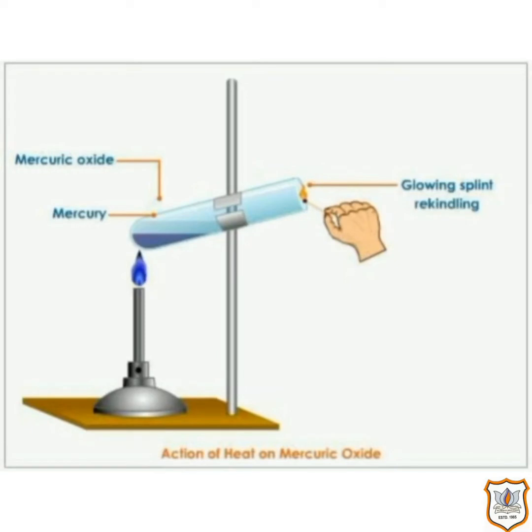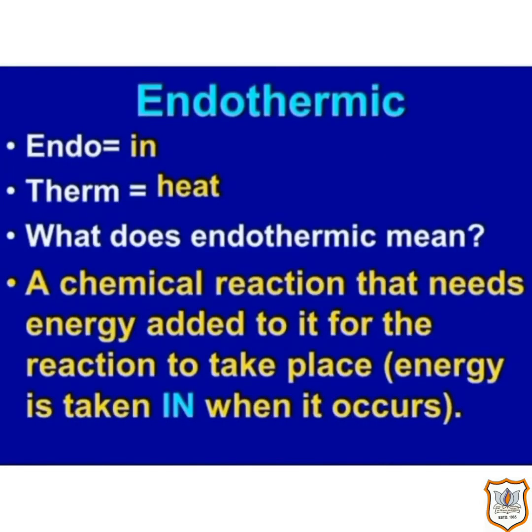Here we can see that energy is required in a decomposition reaction to decompose a compound. That means decomposition reaction is an endothermic reaction in which energy is absorbed during the chemical reaction.